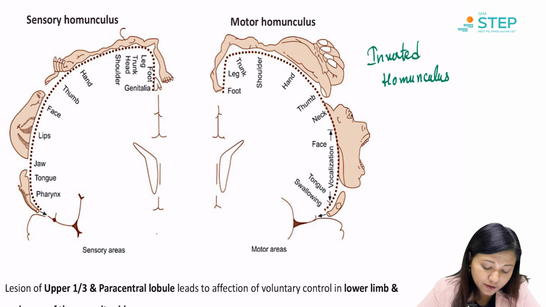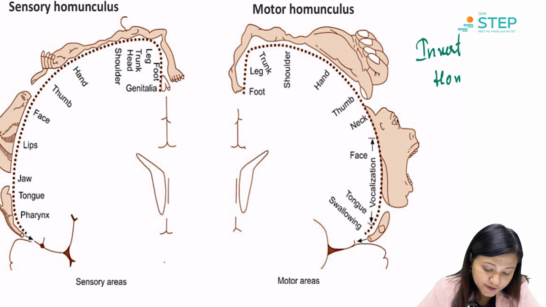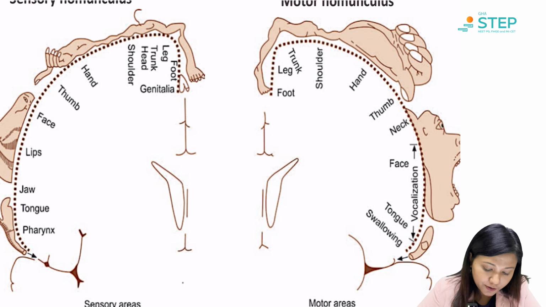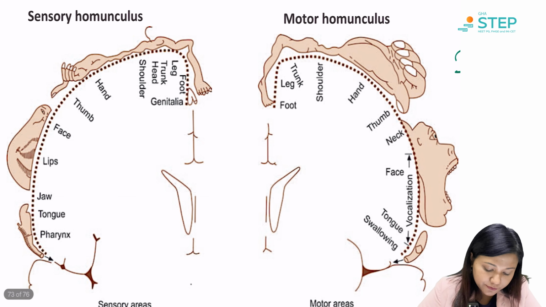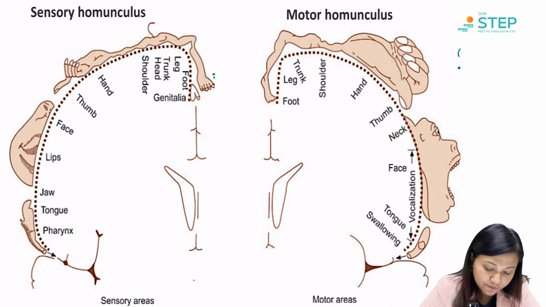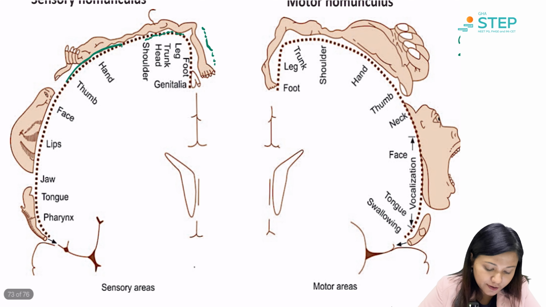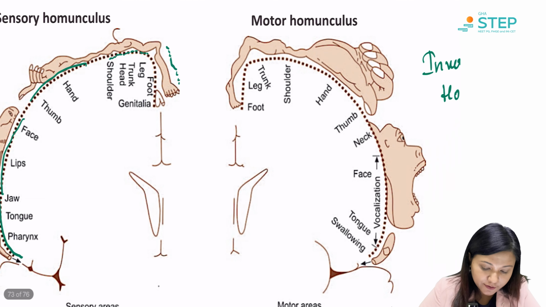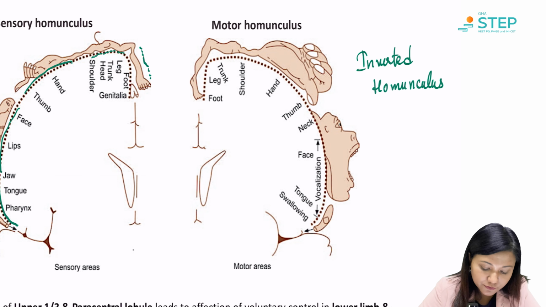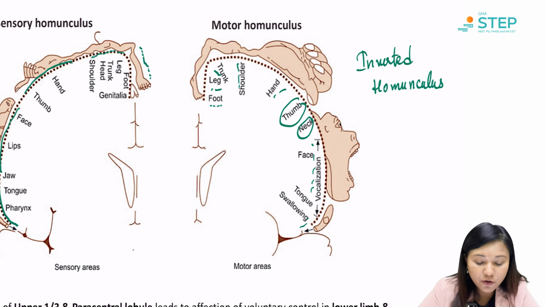Going from the medial aspect, you have the foot first, then leg, trunk, head, shoulder, hand, and laterally the face, and then jaw, tongue, and pharynx. Motor is mostly similar: foot, leg, trunk, shoulder, hand, thumb, neck, and then face, tongue, swallowing. These are the homunculus areas.